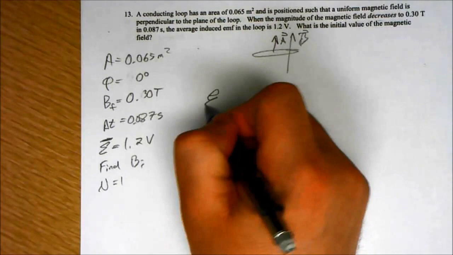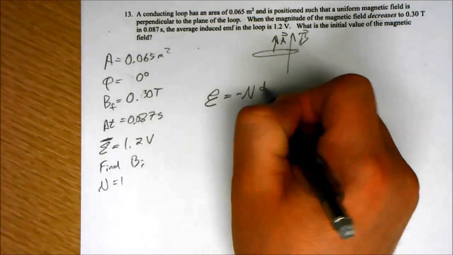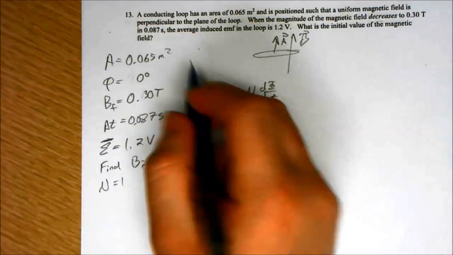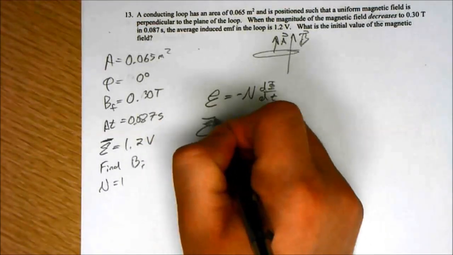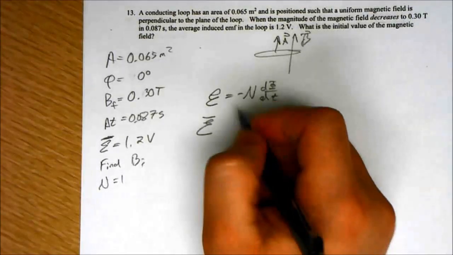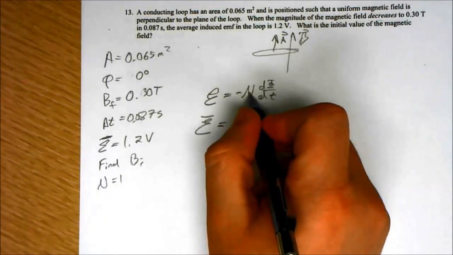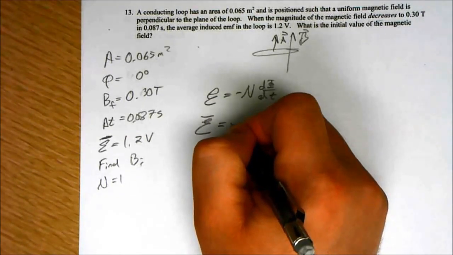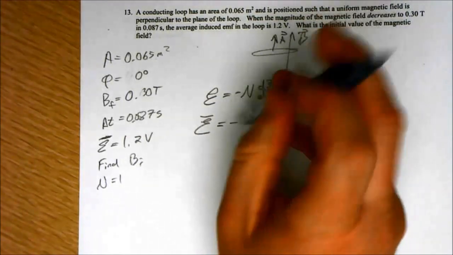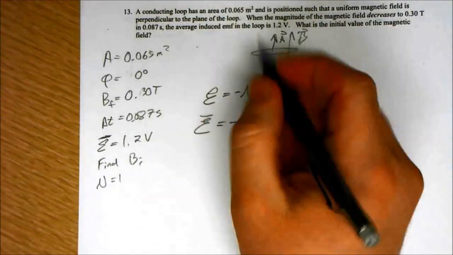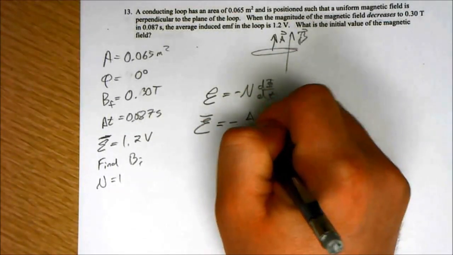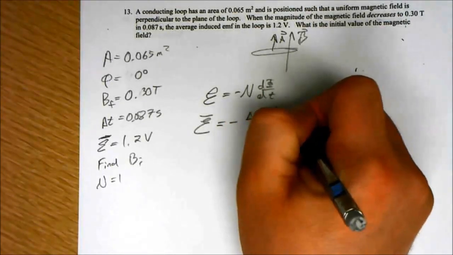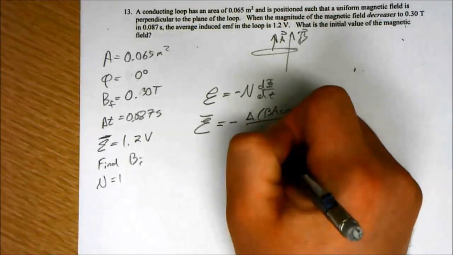So we go to Faraday's law, but we don't have to use this form because we can approximate using the average induced EMF equals negative, I'm going to drop the 1 immediately, delta magnetic flux, which is BA cosine phi, over delta t.